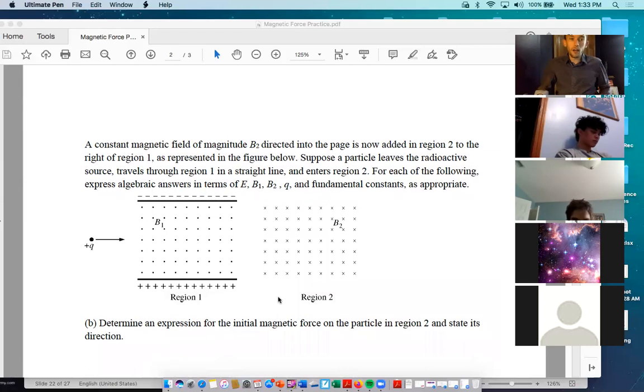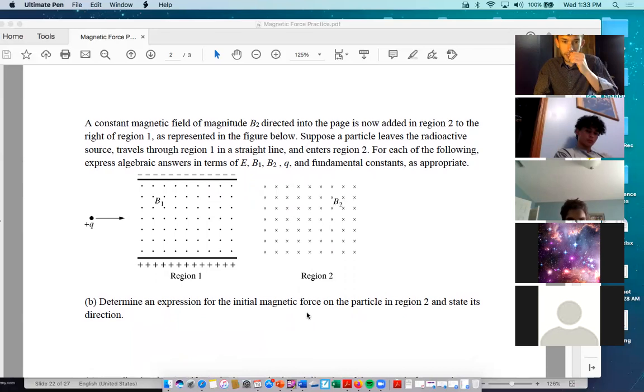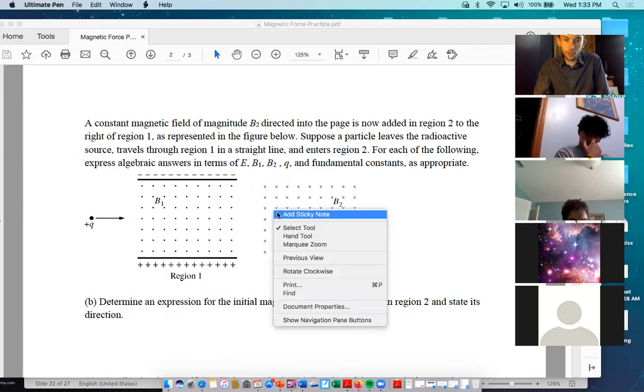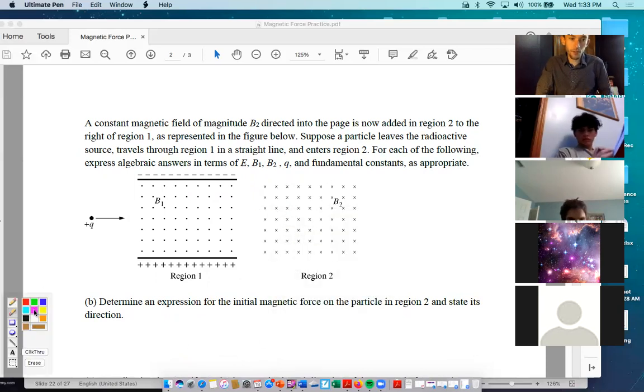A constant magnetic field of B2 is now directed into the page in this region. So let's say this particle traveling in a straight line enters region 2, and I want to derive some expressions. Determine an expression for the initial magnetic force on the particle in region 2. This should not be too bad. Magnetic force is QV cross B, which is QVB sine of theta.